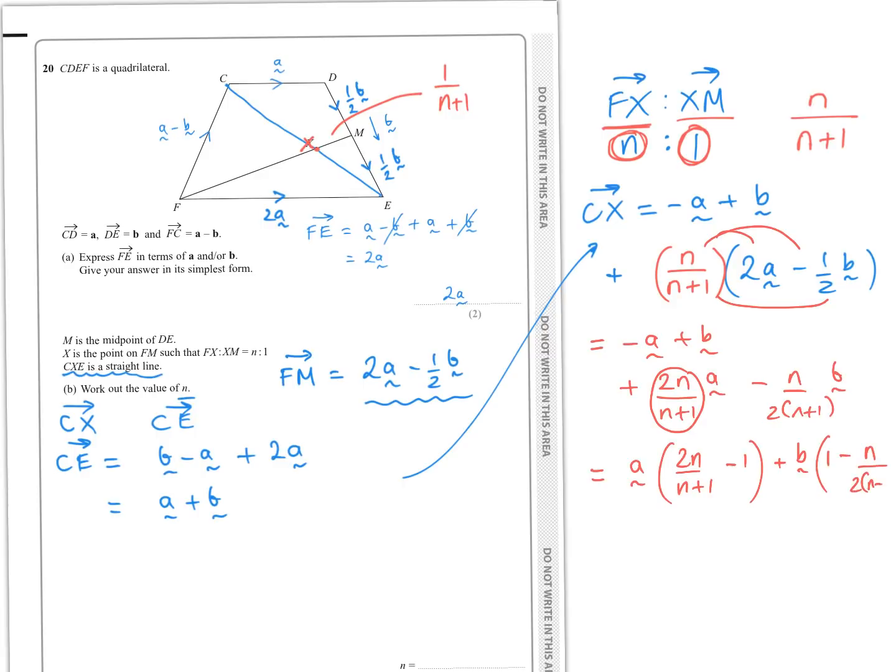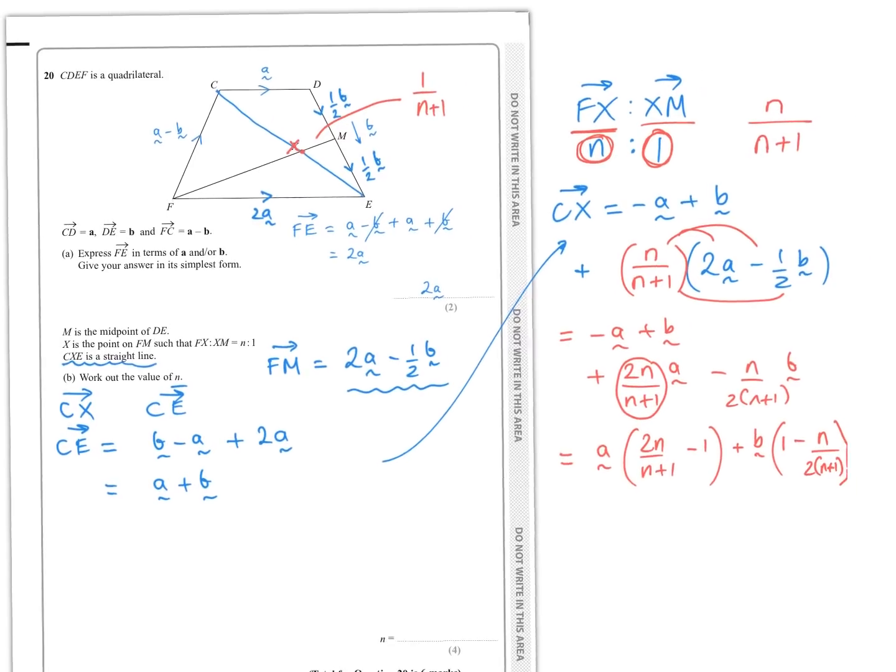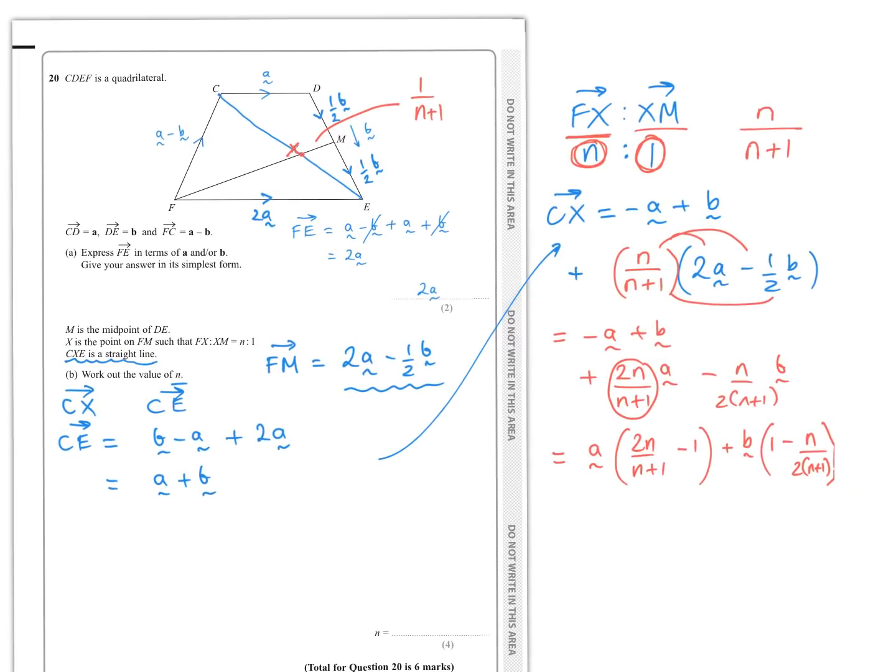Okay, so let's just move that up a bit so we've got a bit more room, and neaten that bracket up a little bit. So this is really how we're going to get the value of n now. This is nice. It's just one lot of a plus b.